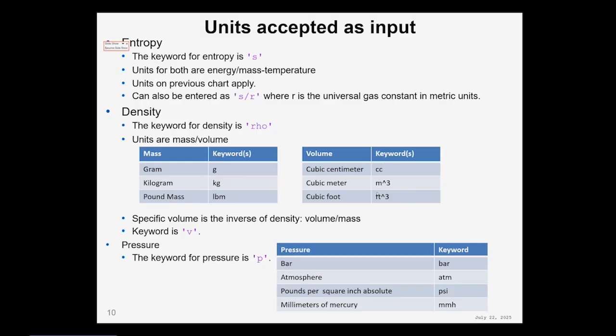And these are the units that MATLAB is looking for, our CEAM is looking for. Specific volume is volume per mass. Its keyword is V. And they still use the same volumes and the same masses. Pressure, that keyword is P. And then these are the pressures that we've taught CEAM to recognize and convert for the calculations.